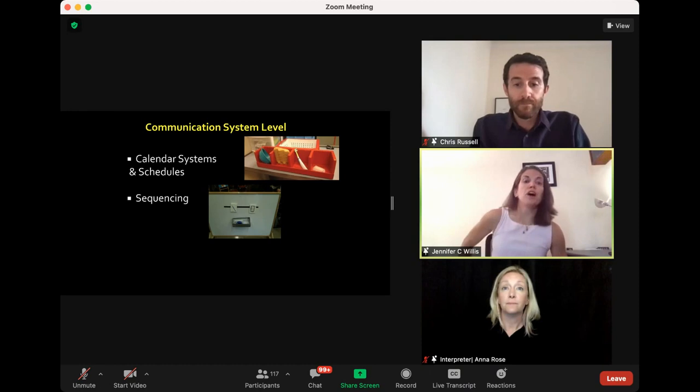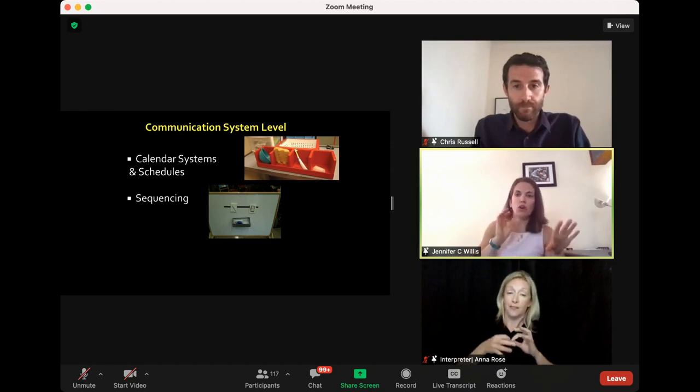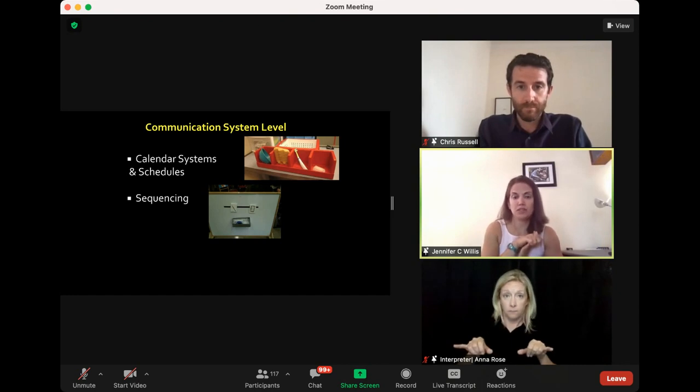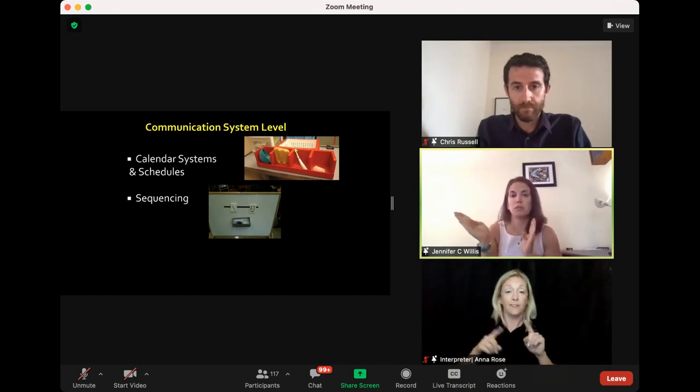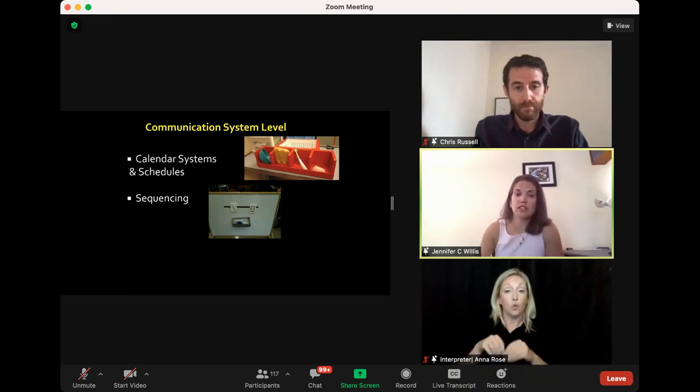And so then we can move up. Our students maybe start at that single object level, and then we move them up to more expanded systems as their communication system level increases. So these are just some examples of expanded calendar systems that incorporate multiple objects throughout the child's day.